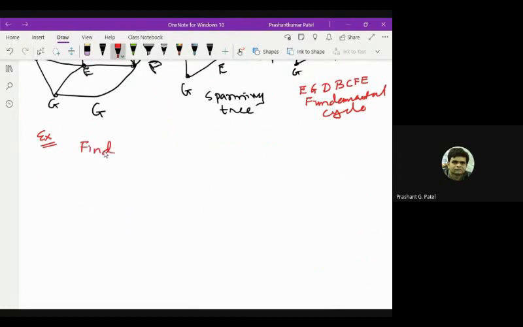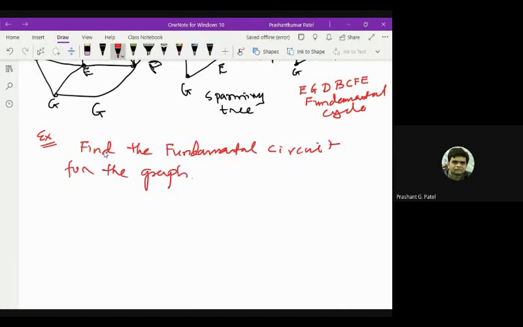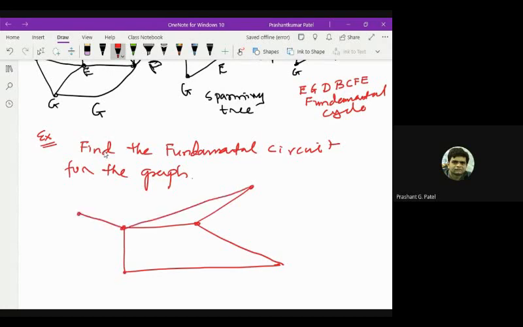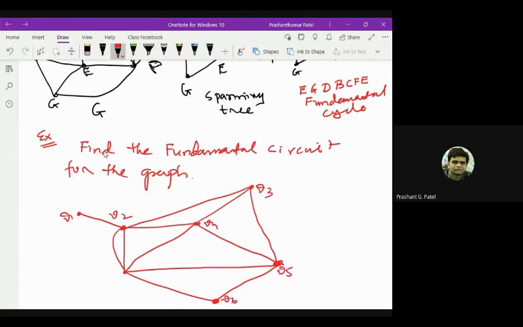Find the fundamental circuit for the graph that I'm plotting here: V1, V2, V3, V4, V5, V6, and V7.